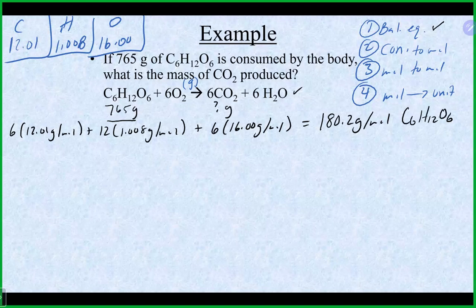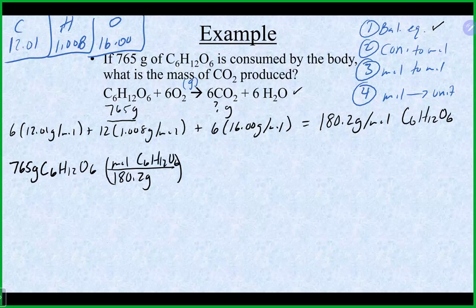C6H12O6. Again, we're going to use that to convert into moles. So we'll take our 765 grams of C6H12O6, up on top. To the bottom, we want grams, so we're going to take 180.2 grams on the bottom, 1 mole of C6H12O6.